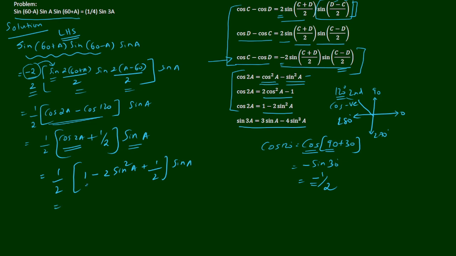And 1 plus 1 by 2 is 3 by 2. And then if I combine this 2 sine square a into the fraction here, you will get 3 minus 4 sine square a, multiplied by sine a.